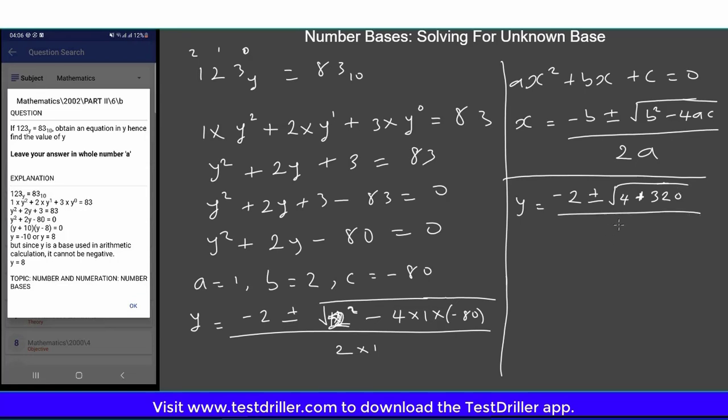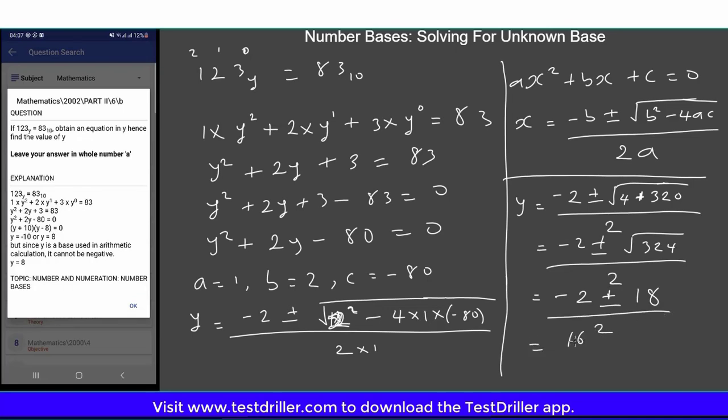divided by 2. So you can simplify further as follows. You have 4 plus 320 which is 324, divided by 2. So what is the square root of 324? The square root of 324 will give you 18. So that's minus 2 plus or minus 18 divided by 2.